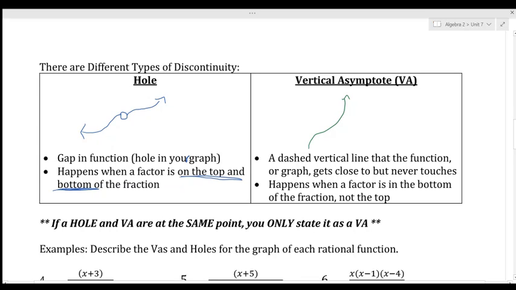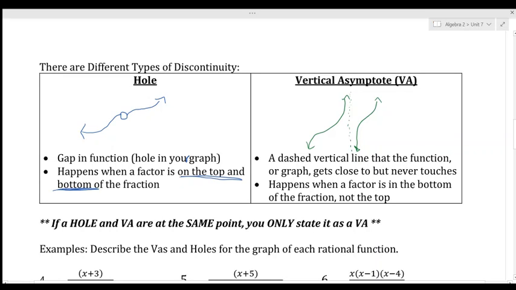So if I have this graph here, it's going to get close to this dashed line, but it'll never touch, okay? No touching.